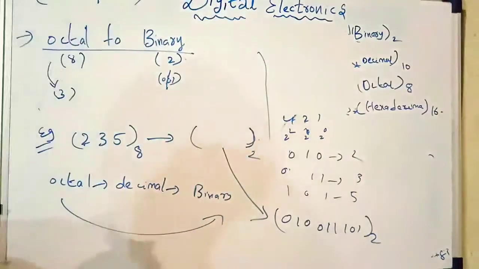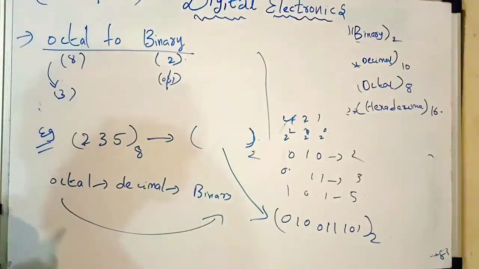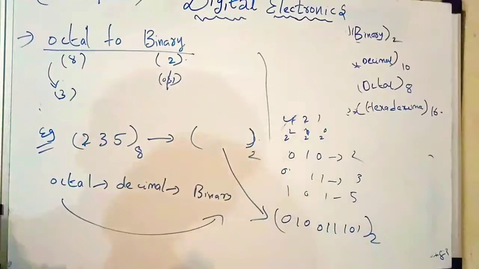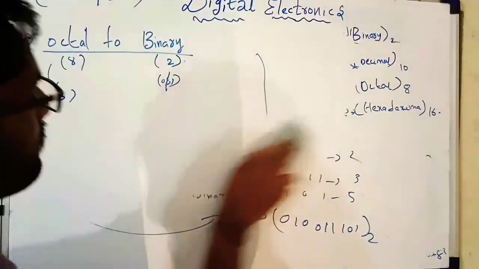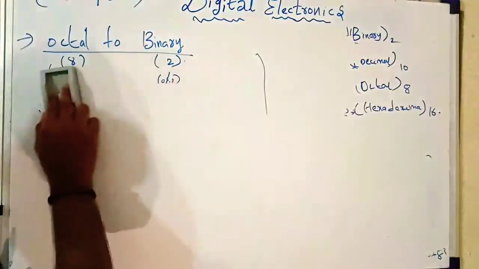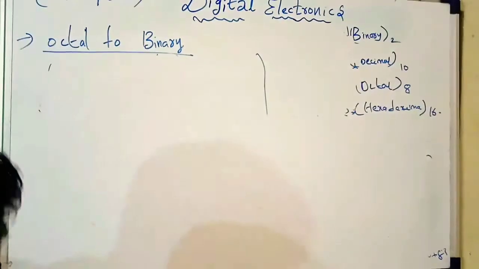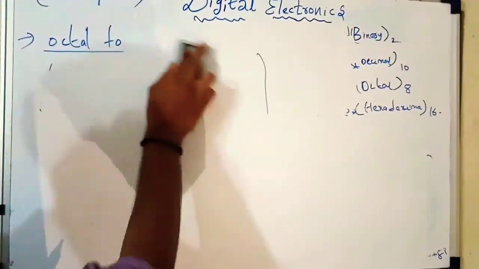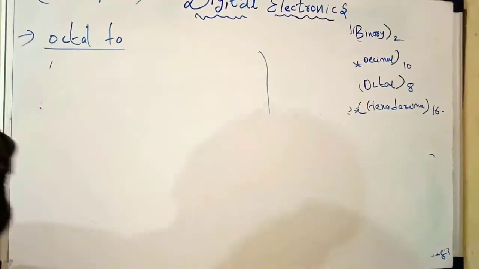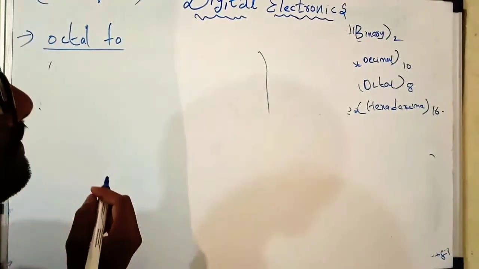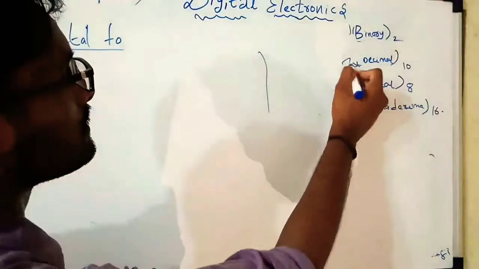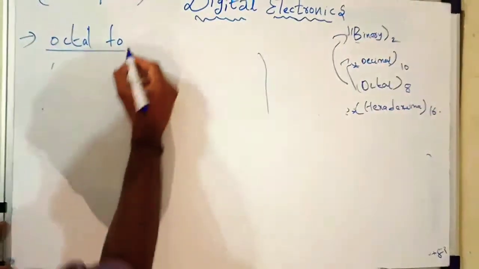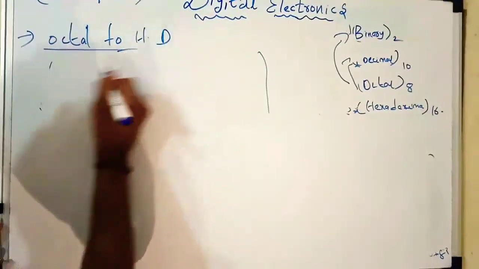This is the binary equivalent value. Here we have seen octal to binary and octal to decimal. Now we'll see octal to hexadecimal.